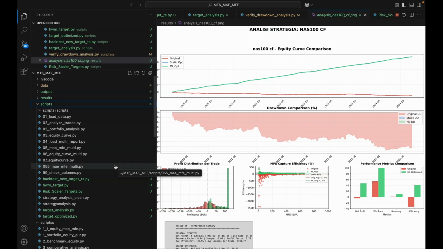Let's replicate the 2008 crisis scenario, so you are trying your own strategy on that crisis. Same thing for the dot-com bubble or something like that. So you're analyzing your portfolio during different scenarios.